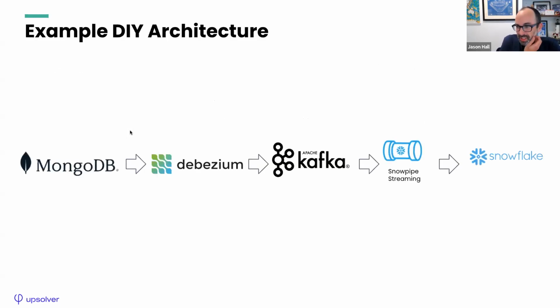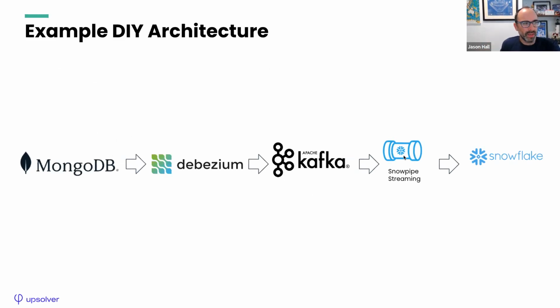So just to put some of these pieces together visually, again, very common do-it-yourself architecture for integrating data from Mongo to Snowflake would be to have MongoDB over here on the left. Maybe use Debezium to read change stream events and write them into Kafka. And then you can use something like Snowpipe Streaming to take events off of the Kafka topic and write them into Snowflake. Right? Snowpipe Streaming is still relatively new.